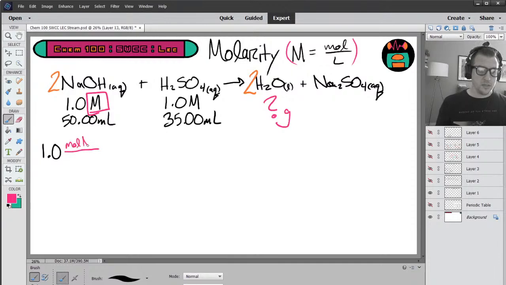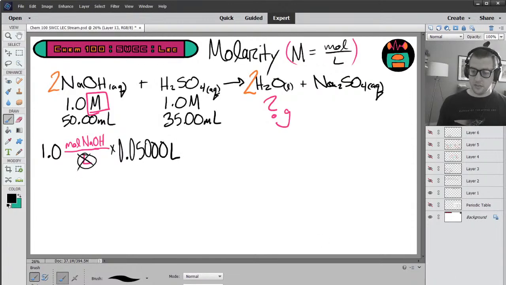moles of sodium hydroxide over liters. We're going to multiply this by our volume in liters, 0.05000 liters. All right, so that liters cancel out.